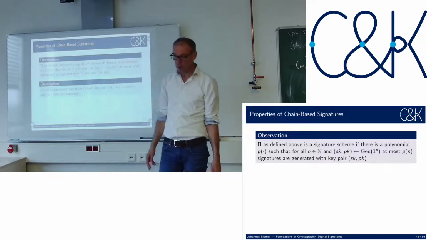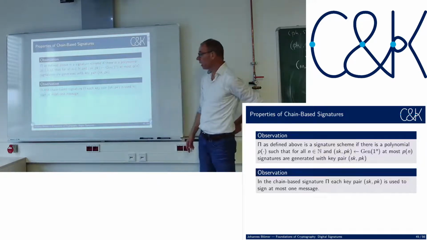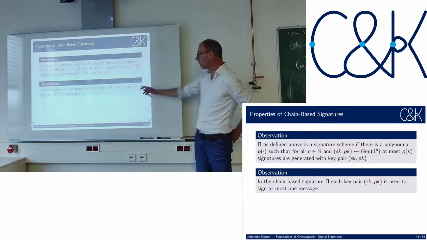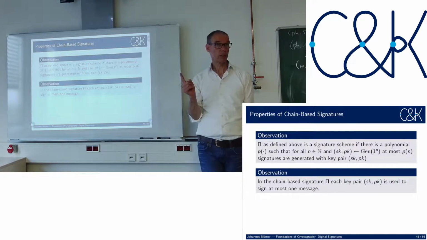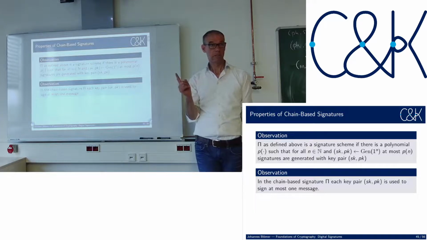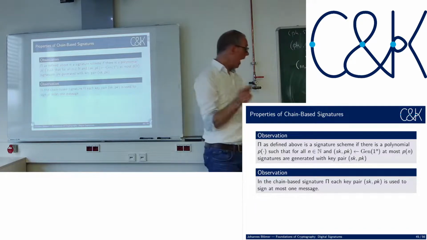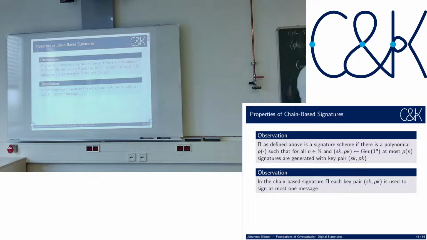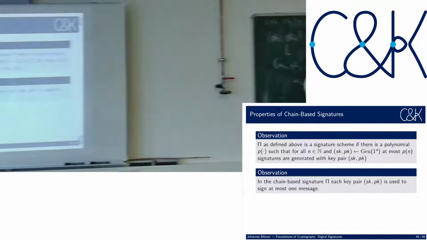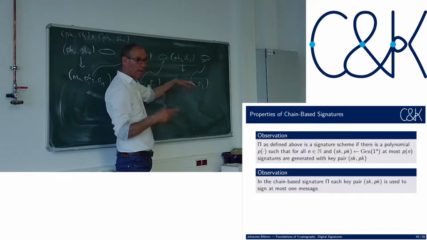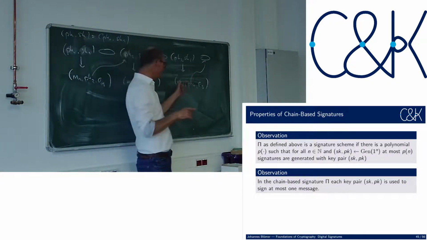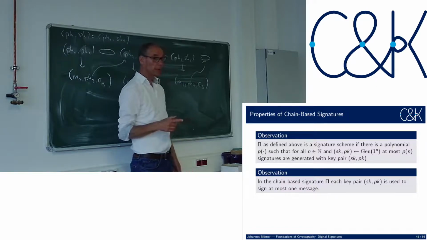And we also have the following observation: in the chain-based signature, each key pair is used to sign at most one message. The ith secret key is used to sign the ith message, consisting of the ith message and the (i+1)th public key.